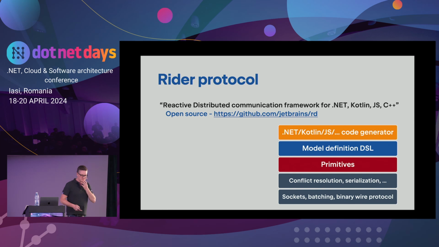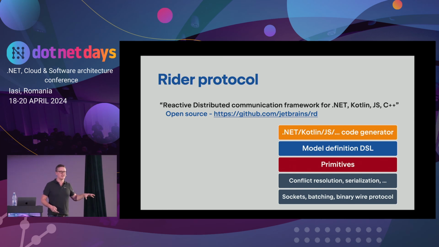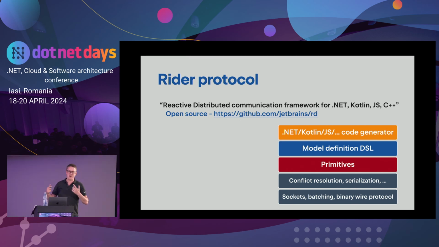Open source, and it's essentially an entire toolkit of a couple of things that you can use. The lowest layer there is sockets, batching, the binary wire protocol, everything that goes over the wire is part of the Rider protocol. You don't really have to care about that, but it's in there. The conflict resolution, the versioning, all of that is also in there, but again, you don't really have to care.